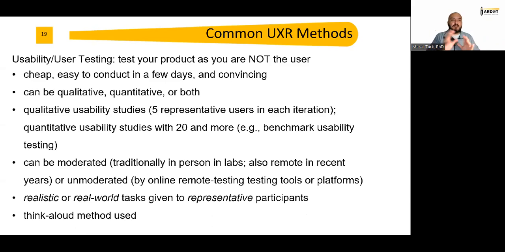And in this usability testing, we also use the think aloud method. It's also commonly used as a qualitative approach in academic research. In the think aloud method, we ask the participants to think aloud and tell us what they think, what they feel, what they are doing, why they are doing it that way.